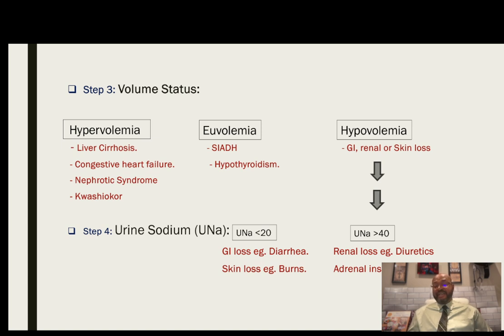So renal losses like diuretics, some people abuse diuretics, or even those who are on certain diuretics like hydrochlorothiazide can cause sodium loss, very common in the hospital. Adrenal insufficiency, especially when there is hypoaldosteronism and the aldosterone is not available to cause sodium reabsorption from the kidneys. You lose a lot of sodium in the urine and hyponatremia can occur.